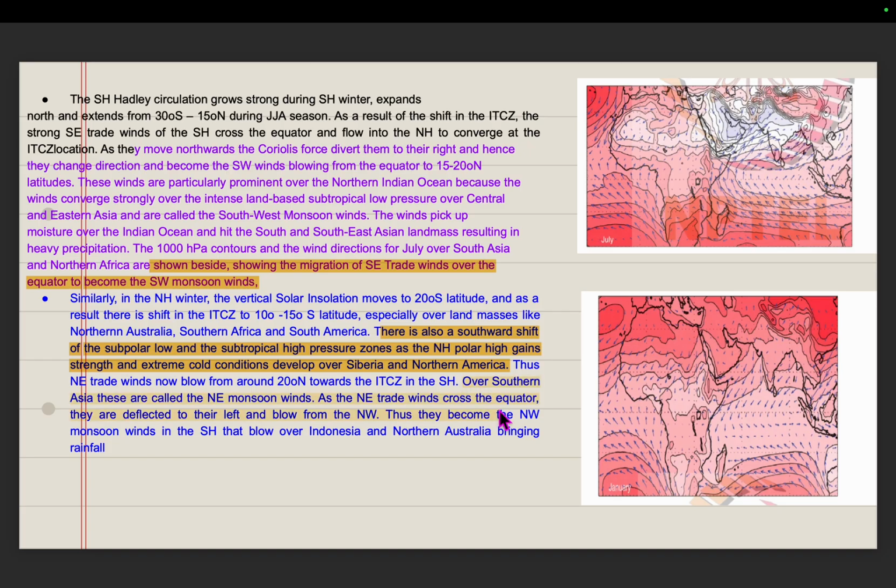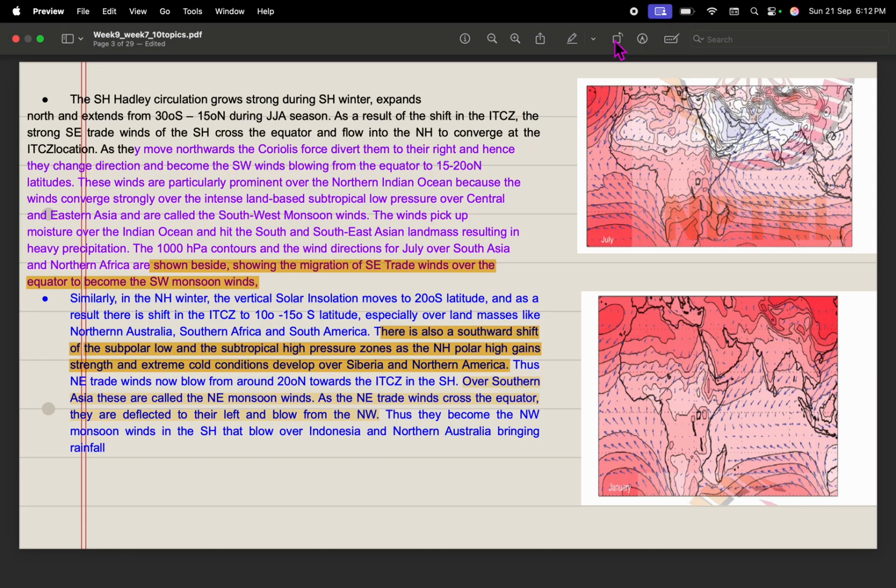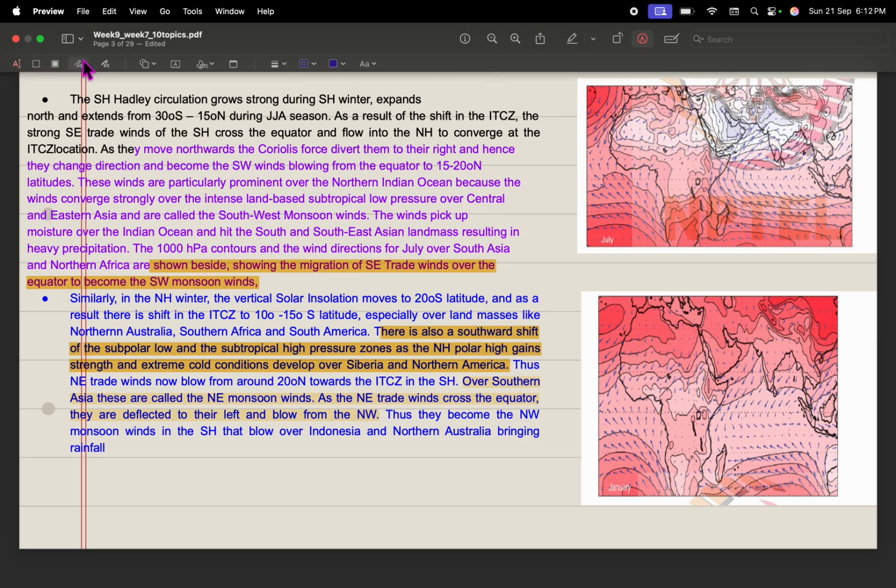As the northeastern trade wind crosses the equator, it is deflected to the left and blows from the northwest. You can see when it crosses the equator, it now deflects towards the left and blows as a northwestern wind, as in this picture.